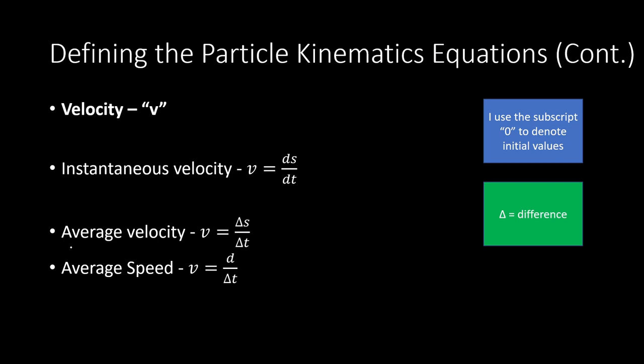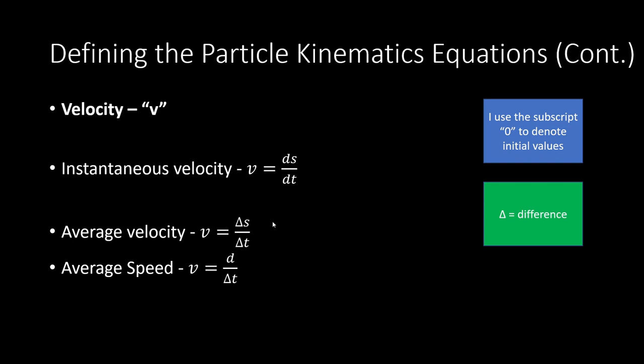If you want just your average velocity between two positions, then you can use this formula. And if you want your average speed, which takes into account the actual distance traveled, then you'll use this formula here.